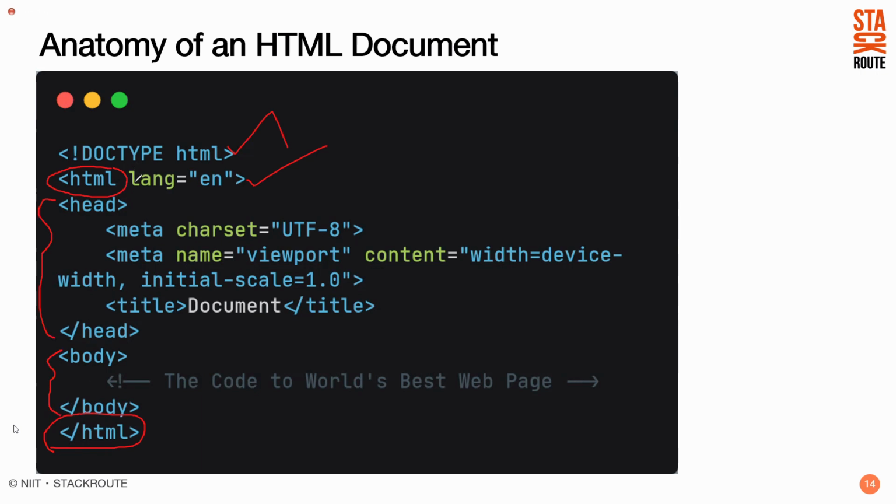Under head, as the name implies, you have something like the header information of my HTML page. It consists of meta information, title, your style sheet, your scripting, your links, everything placed in your head tag.